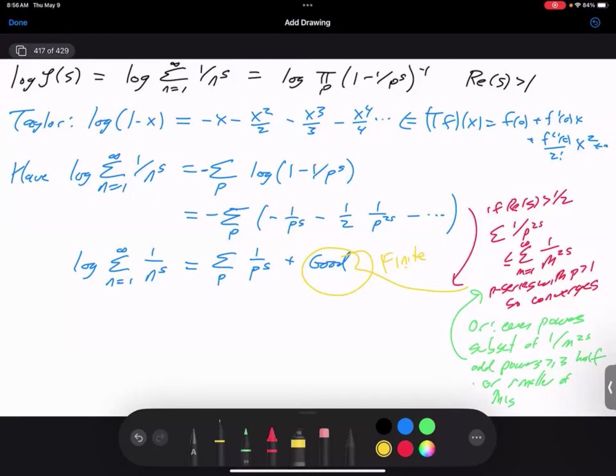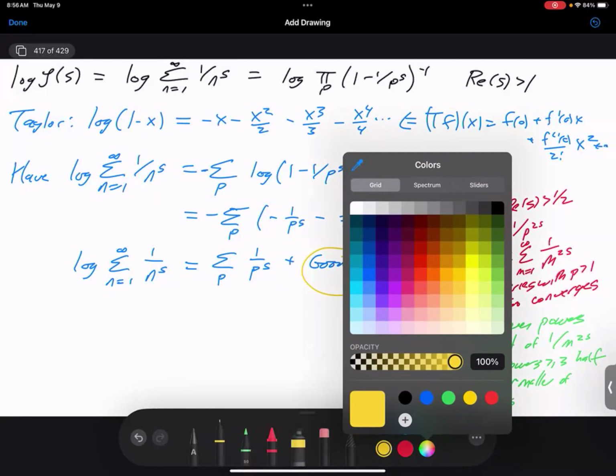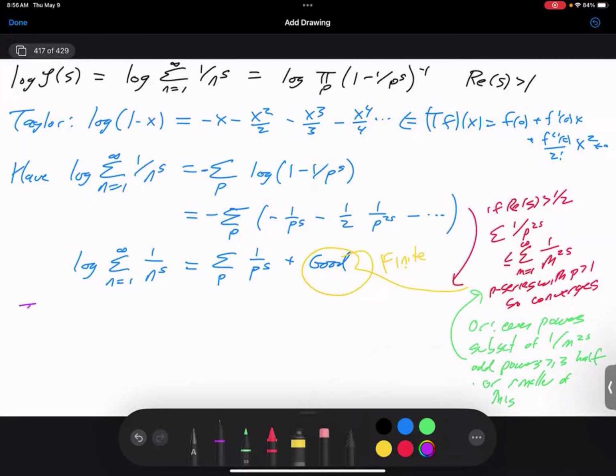I'm going to do something a little bit okay. So let's truncate the sum at, say, x, and then we'll take s equals 1. And we'll truncate the product at x.